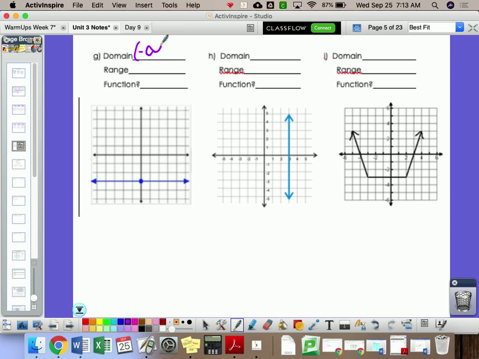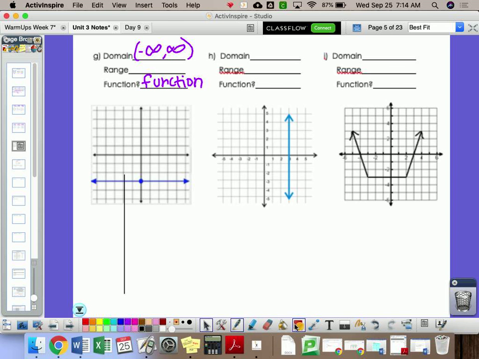So I'm going from negative infinity to positive infinity. I can also see that when I drug this line across, at no spot was I hitting in two places or more. So I would say that this is a function.